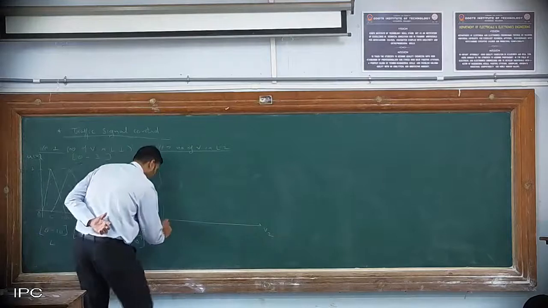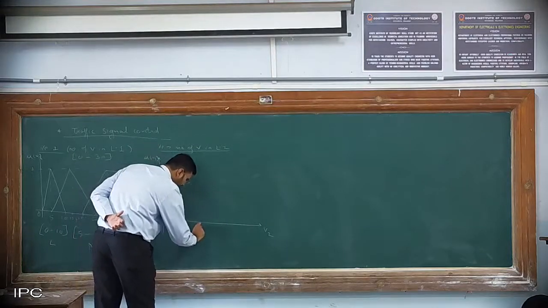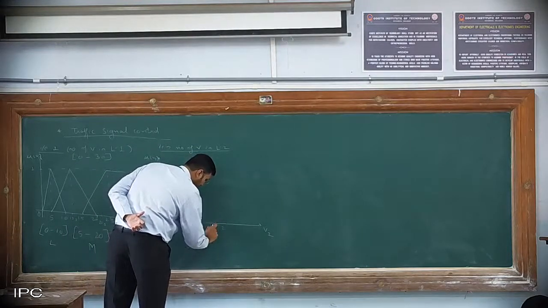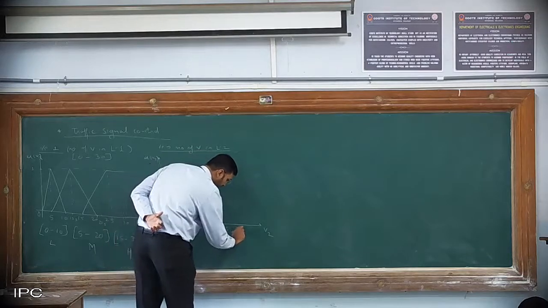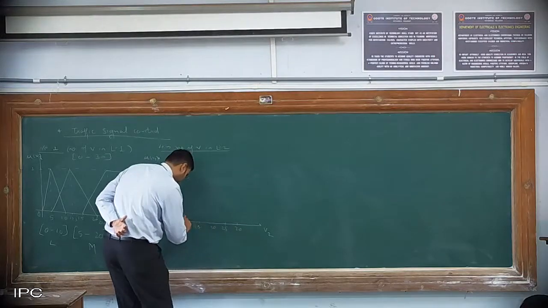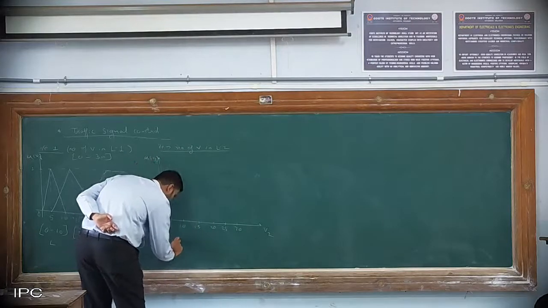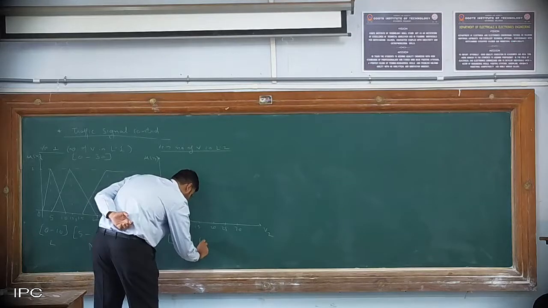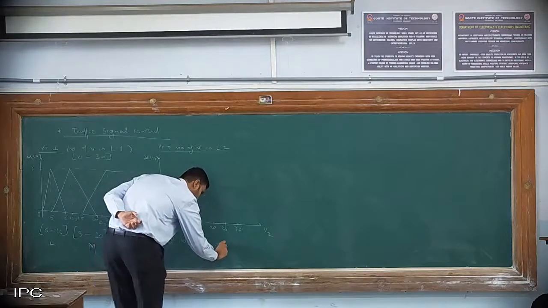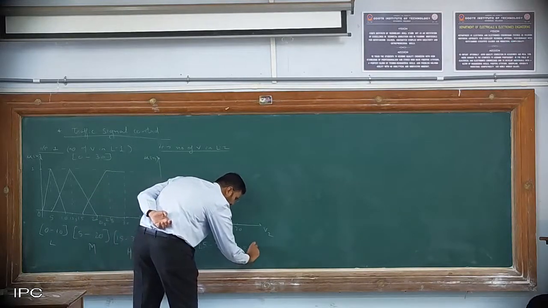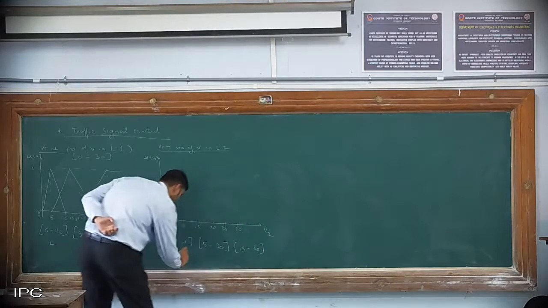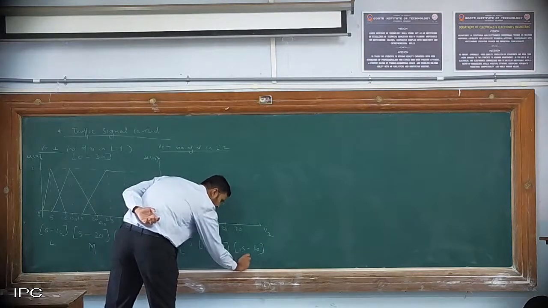So 0, 5, 10, 15, 20, 25, and this is 30. So 0 to 10, then 5 to 20, and then 15 to 30. This is low, medium, and this is high.